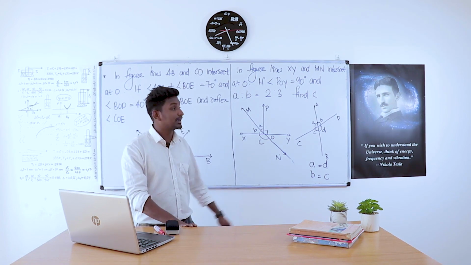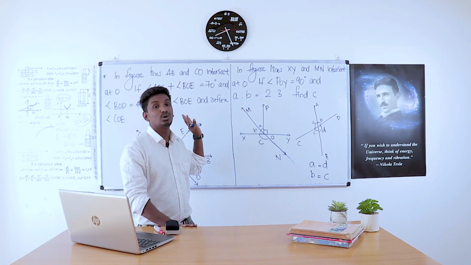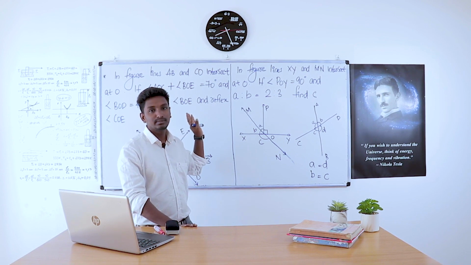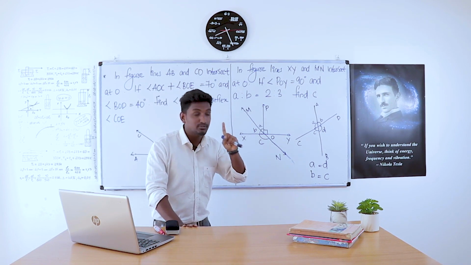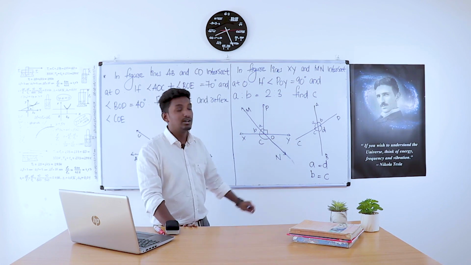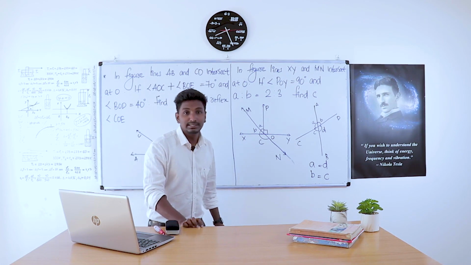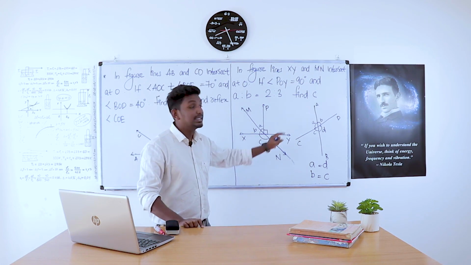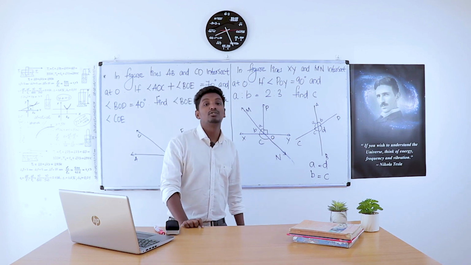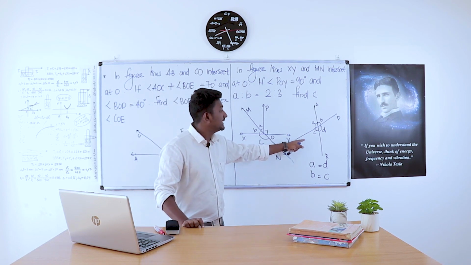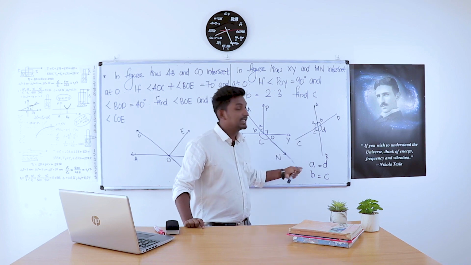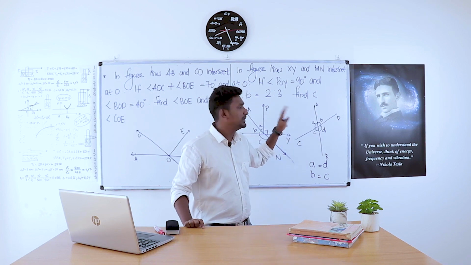Very, very important theorem. Based on this theorem, we have to solve some problems. Just note it down as theorem number 1: if two line segments intersect each other, then the vertically opposite angles so formed are equal. Here line segments AB and CD intersect at a point, let it be O or any other point.